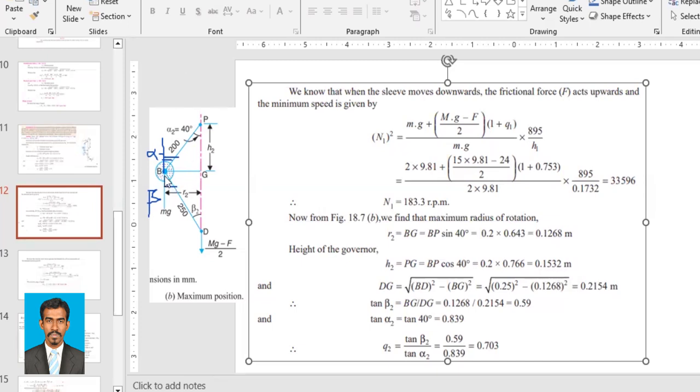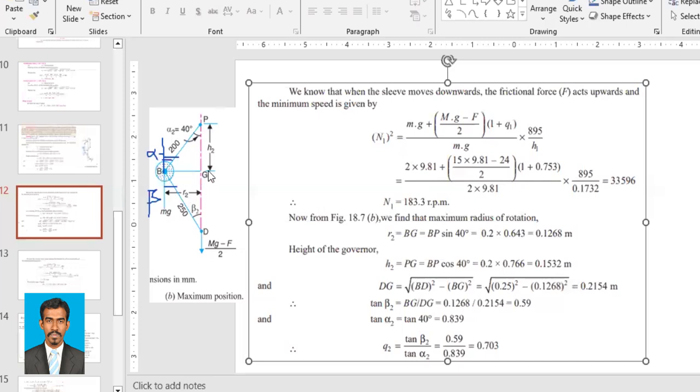So now we have R2 and we have H2. Now we are going to find the value of Q. For that, we need tan beta, and for that we need this length also. So how do we find this length? We need DG. Why? Because we need to find tan beta, so we need to find BG upon DG.